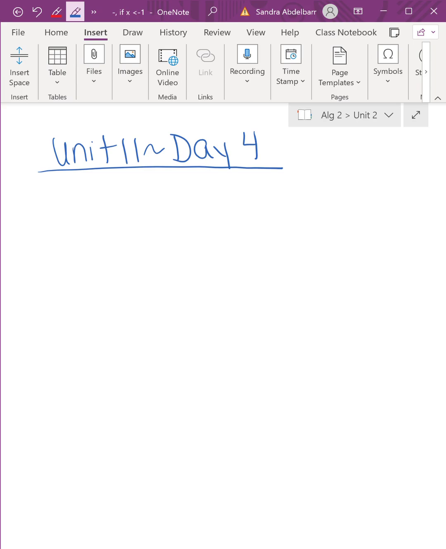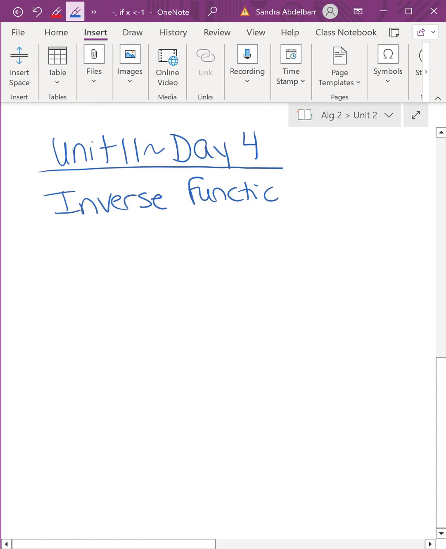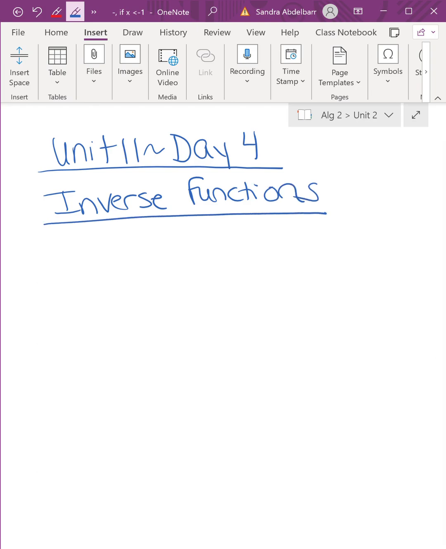So we're going to talk about inverse functions. To find the inverse of an ordered pair, all you do is just switch the x and y coordinate. And I'll write that out for you.